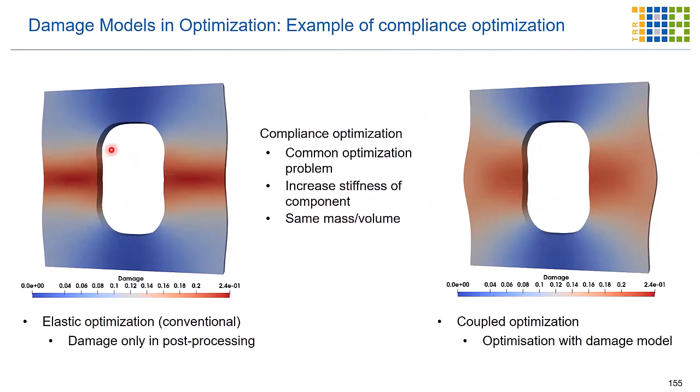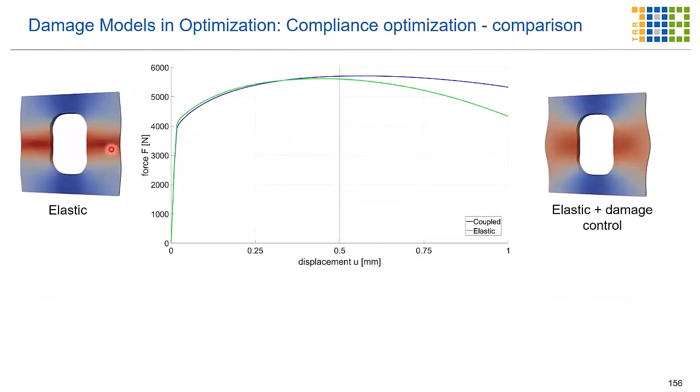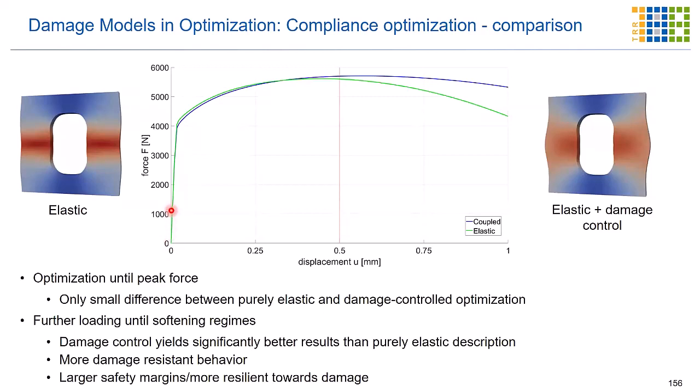Both have the same mass or volume, and what we see is that the purely elastic computation with the damage post-processing and the elastic plus damage control have a very similar behavior at the beginning. So in the elastic regime, then you see plasticity here. That's also still quite similar.